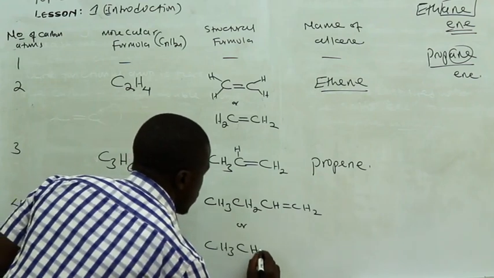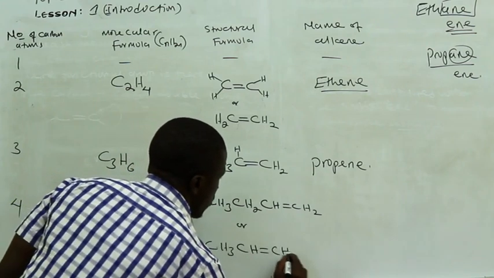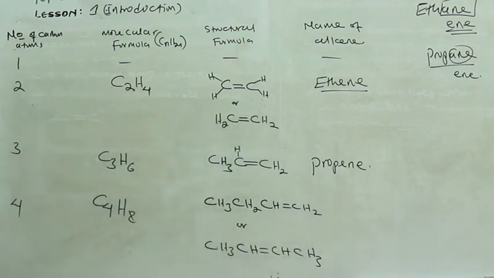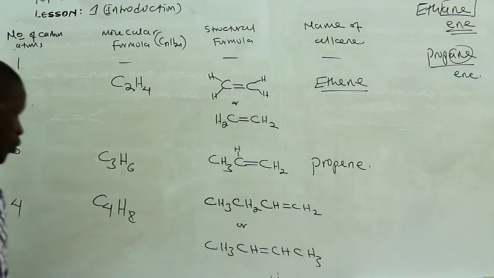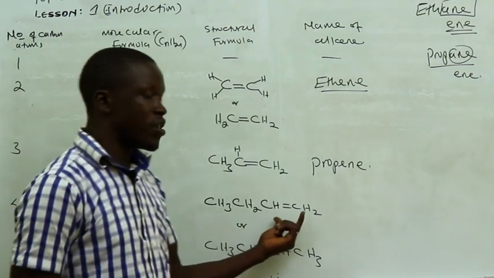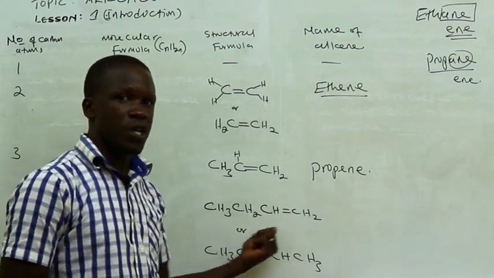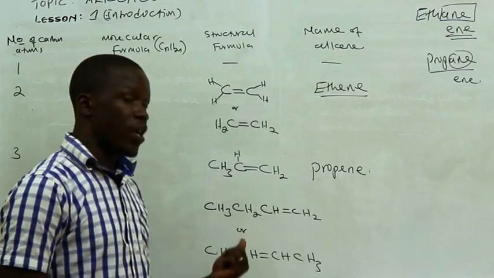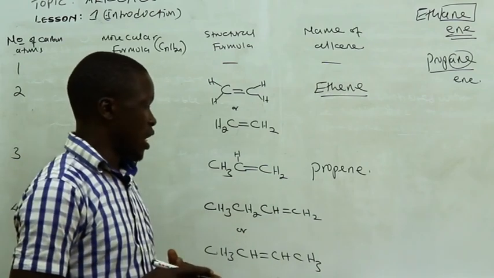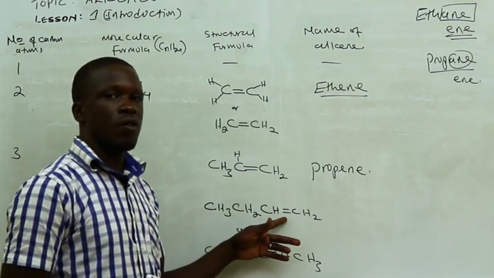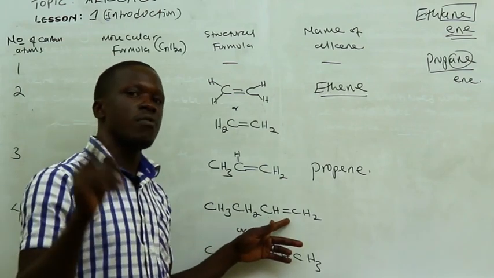This time it is in the middle, making this compound symmetrical. Okay? Now, the names. When you see that the structure formally written has a possible position isomer, then it is very important that you name the position of the carbon atom to which the double bond is.